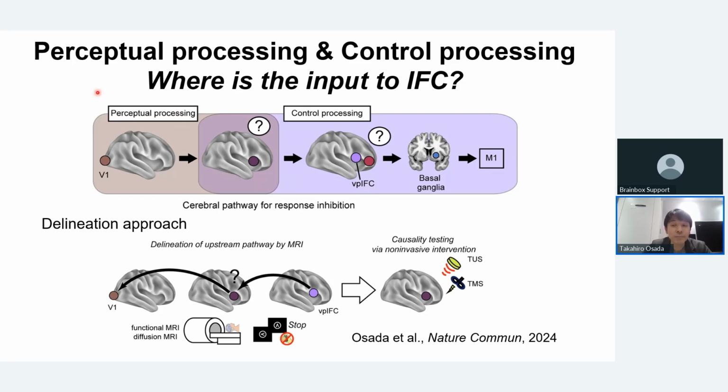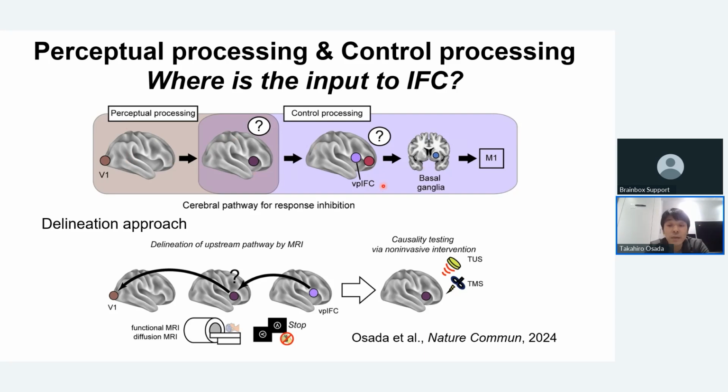Perceptual information, particularly visual input, serves as a trigger for response inhibition. However, there is no direct pathway connecting the visual cortex and IFC. This indicates the existence of an intermediary area between visual cortex and IFC.